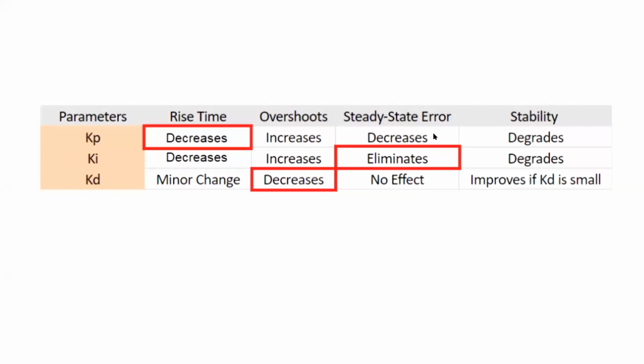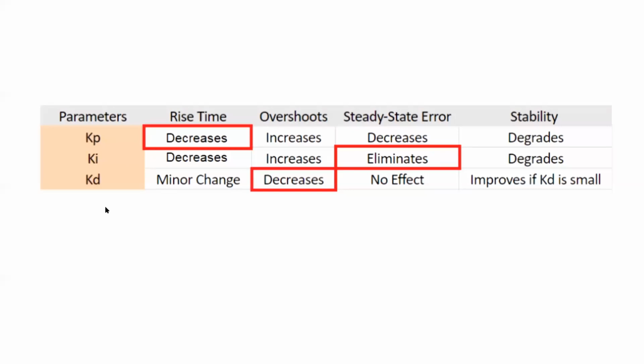Here Kp decreases the steady state error, but Ki eliminates it, so you reach the desired output 1.